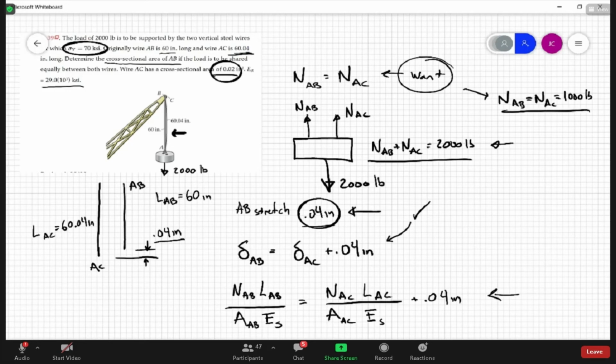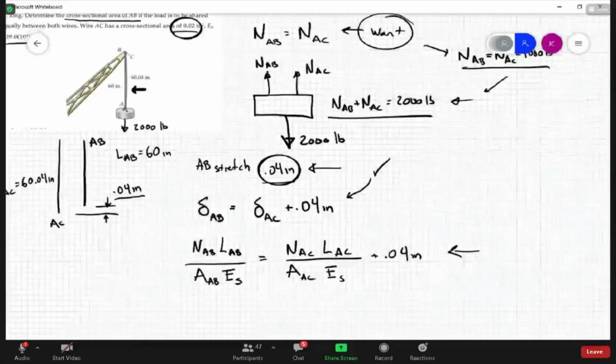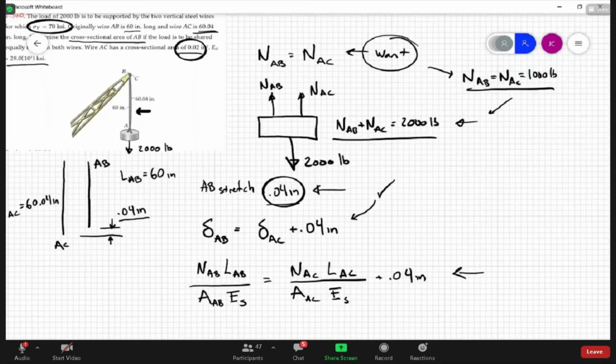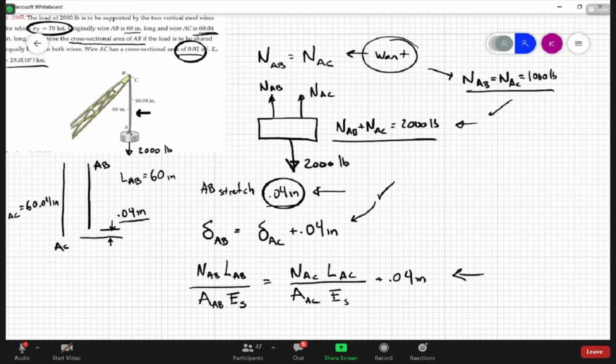So I can put that into here and here. I know the lengths, I know Young's modulus, I know this area, and I just don't know that area. So I can use this directly to solve for it.